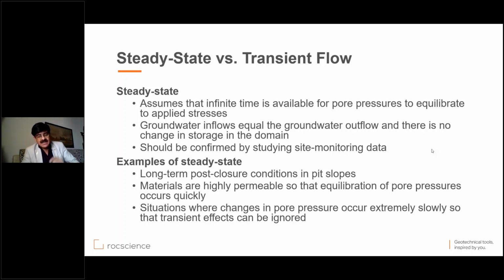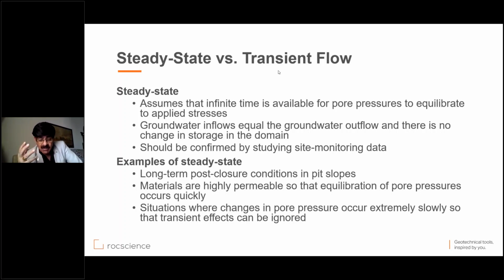Groundwater inflow is equal to the groundwater outflow, and therefore there is no change in the storage in the domain you are analyzing. So whatever comes in goes out. This should, however, be confirmed by studying site monitoring data to make sure that it is really a steady state situation.